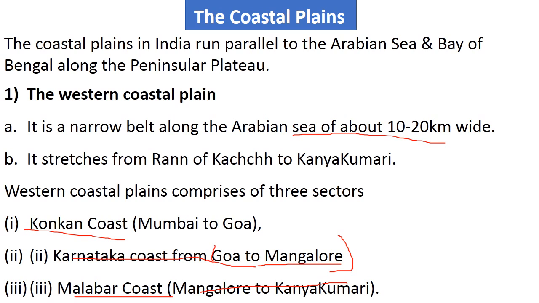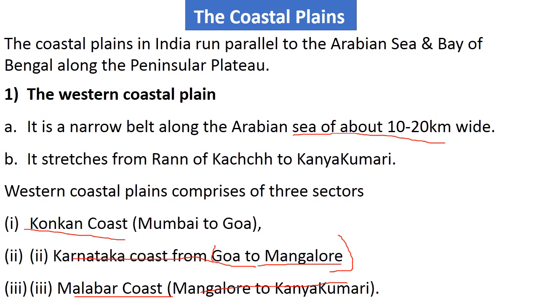This coastline starts from Gujarat in the western part and stretches from the Rann of Kutch to Kanyakumari. This is a very long strip where the width varies.